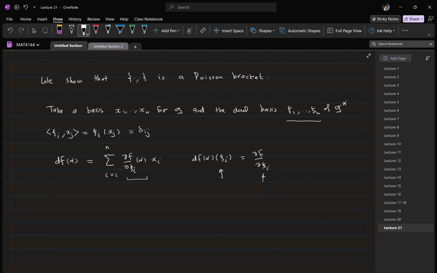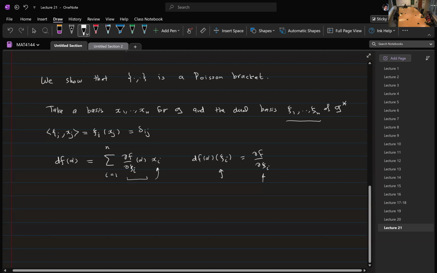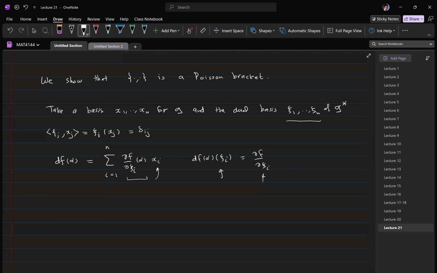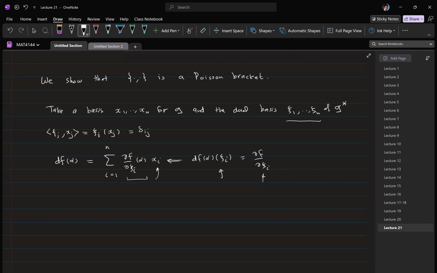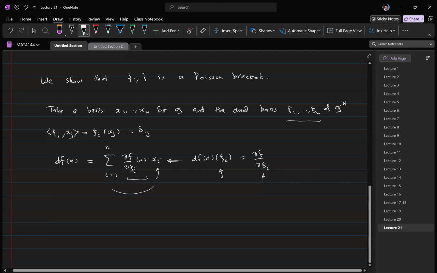Well, the coefficient of xi should be this number, so that when I apply some cj, the only one that's non-vanishing is when i equals j, right? Okay. So this formula dictates that this has to be the vector for the derivative. Because upon evaluation at xi, I should get the coefficient df dxi. And then by the property of the dual basis, this vector over here does satisfy this property. Okay?